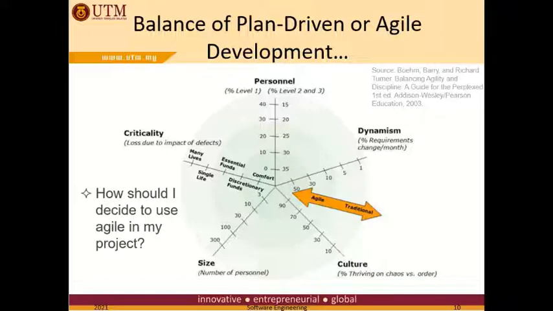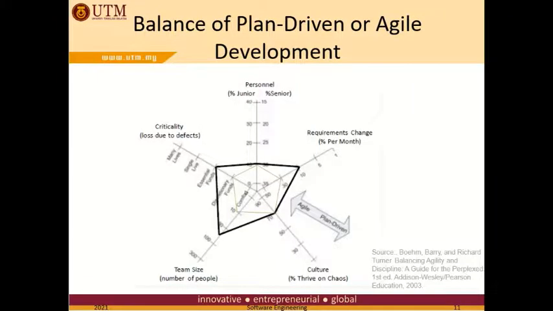Methodology selection is determined by an assessment of five critical factors, namely personnel, criticality, size, culture, and dynamism, which are measured on a scale from pure plan-driven to pure agile. The collective match on all five project factors, typically illustrated by superimposing a radar plot, determines the profile of the project.